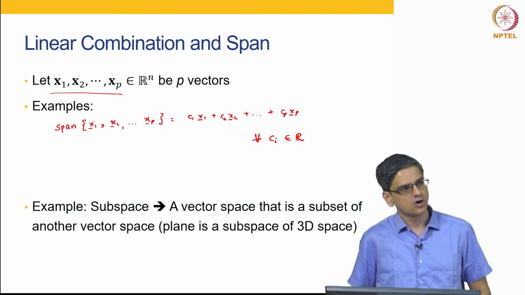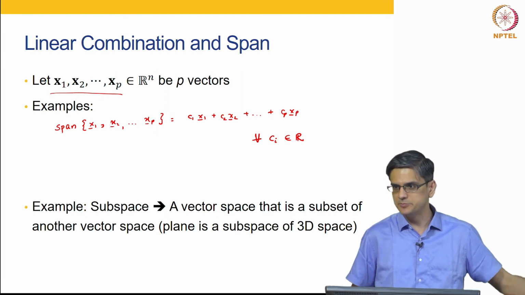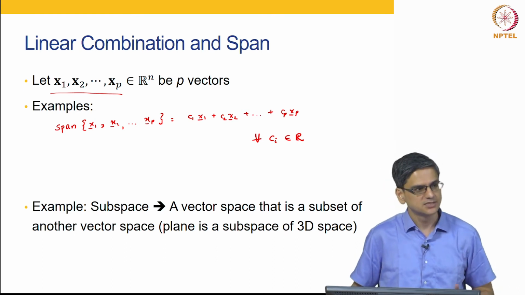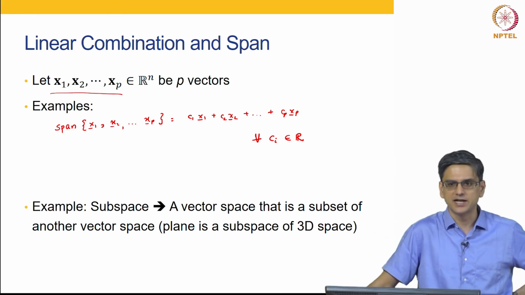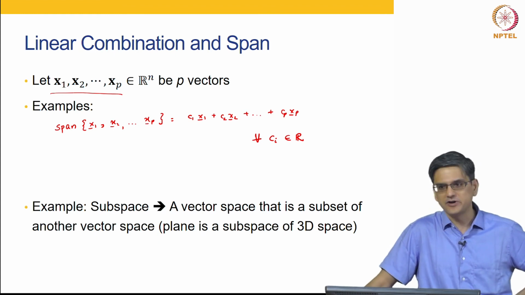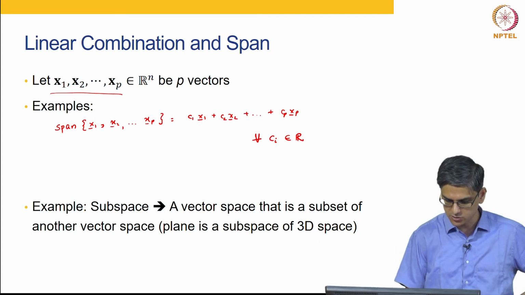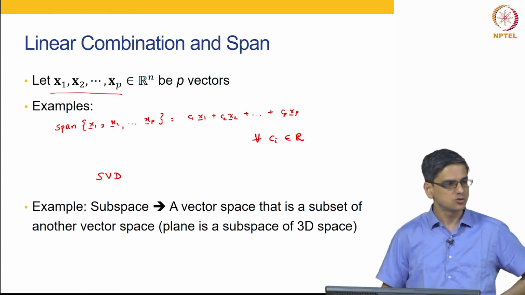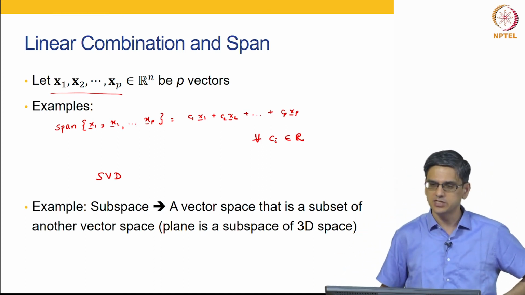For smaller size problems, all you need to do is multiply c1 x1 plus c2 x2, as in the examples we took in the previous slide, and see what all you can get. In your first assignment, you will have a question about finding the span of a set of vectors and comparing it by doing what is called singular value decomposition. We will talk about singular value decomposition in tomorrow's class, if we have time, otherwise we will move it to next week.